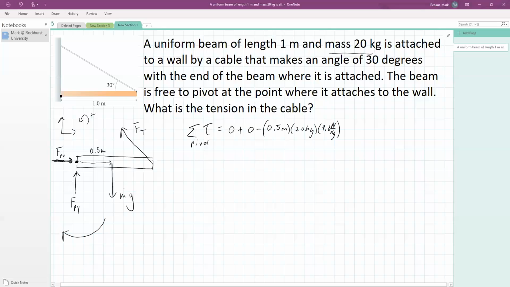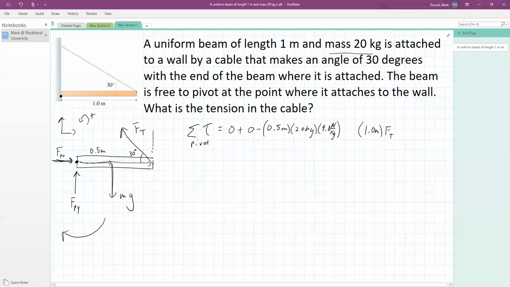Now, last we have our tension force, and there's going to be a torque from the tension force. In that case, the R vector is the entire 1 meter. And so that's going to be 1 meter times the tension force, which we don't know. And we only want the vertical part of the tension force. Okay, so this angle is 30 degrees.